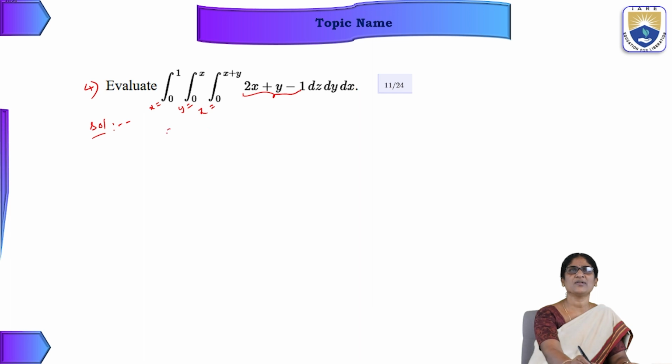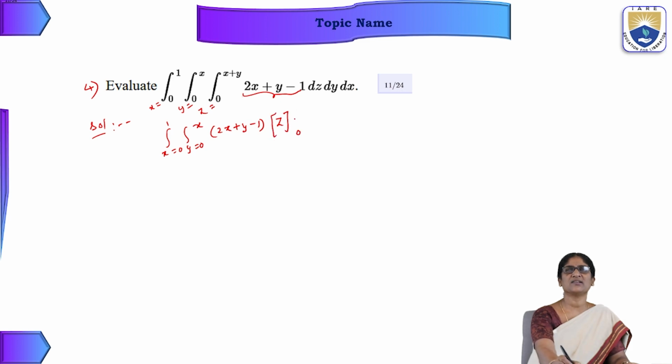So what you are going to get is integral of x from 0 to 1, and y from 0 to x, of 2x plus y minus 1 into z, with z from 0 to x plus y, dy dx. So this is the first integral that you can do.